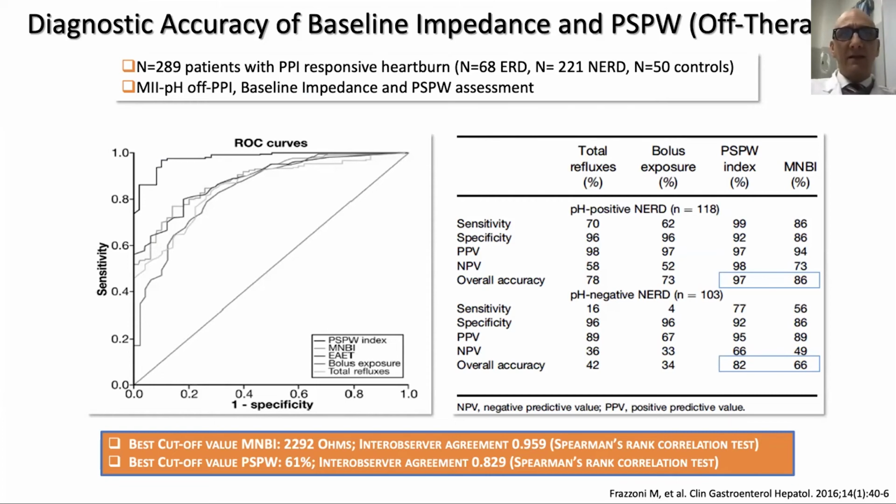The value that maximized the sum of sensitivity and specificity was considered the best cutoff. So 2292 ohms for MNBI and 61% for PSPW index. And we concluded that analysis of impedance pH data by calculating PSPW index and MNBI can increase the accuracy of the diagnosis of patients with reflux disease compared to pH data alone.